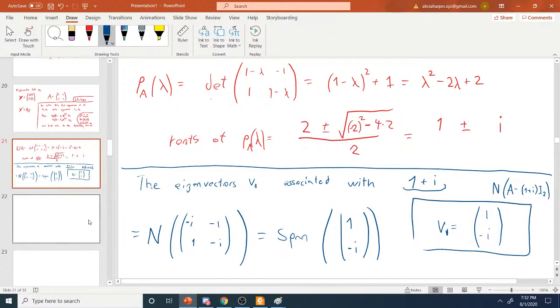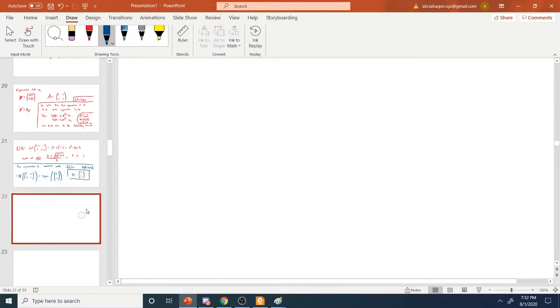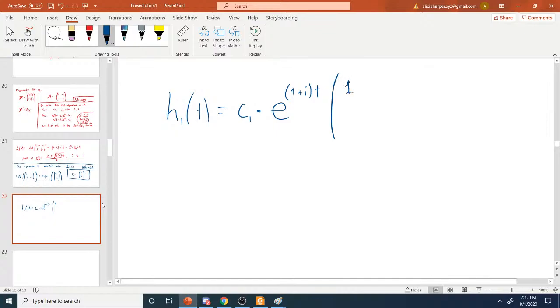So now I can write down h1. So h1 of t is going to be equal to c1 times e to the (1 plus i) times t times the vector 1, negative i, which is the same thing as c1.